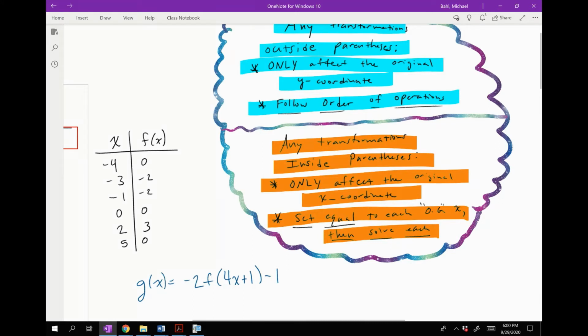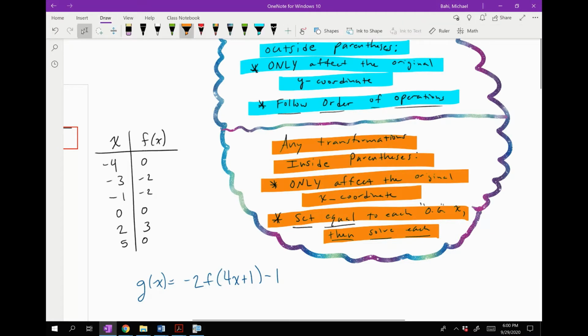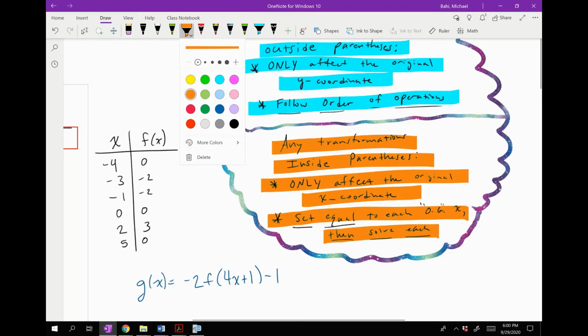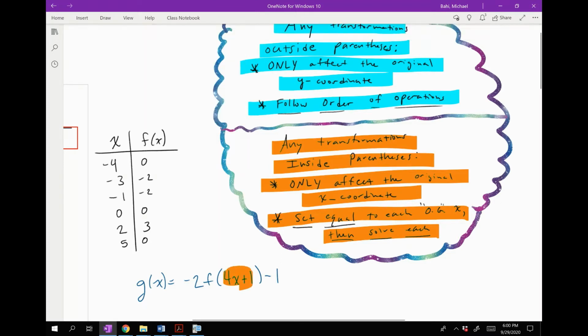What you do is you set each part equal to the original x coordinate and then solve for each x. So, for example, this is what's in parentheses. When we get to this one, I'm going to set every original x value over here equal to this over here. And when I solve, those will be my x values.